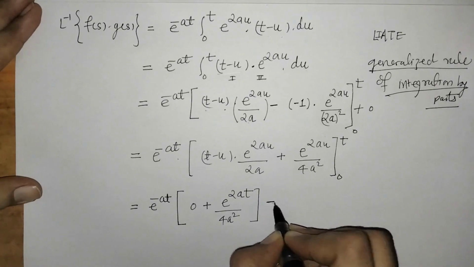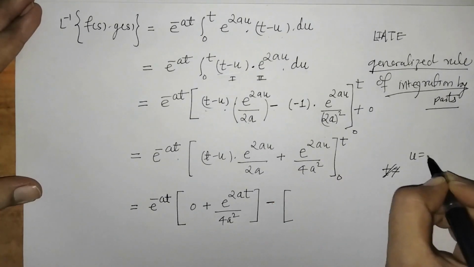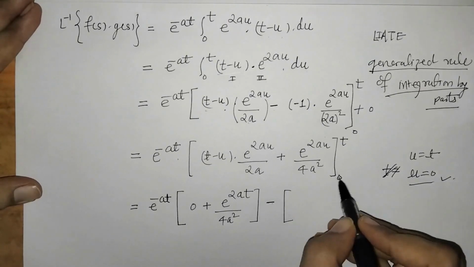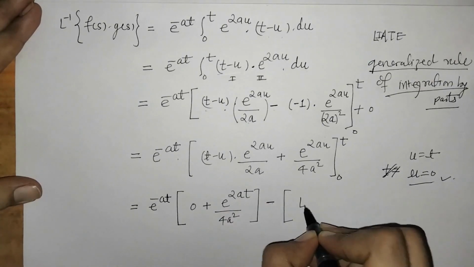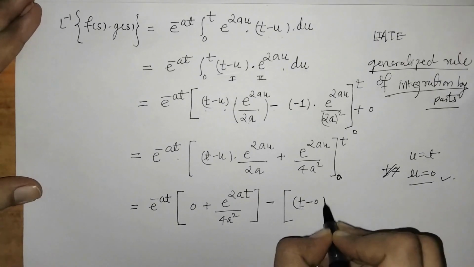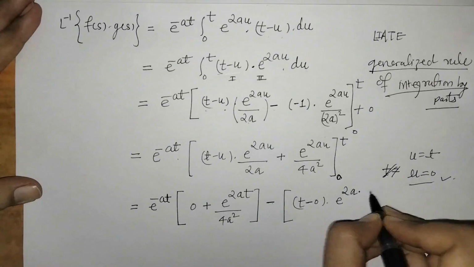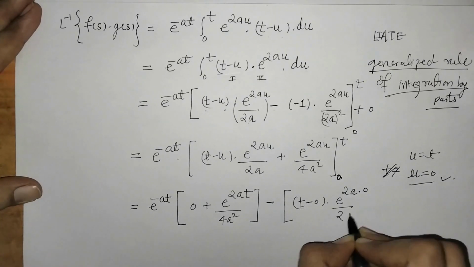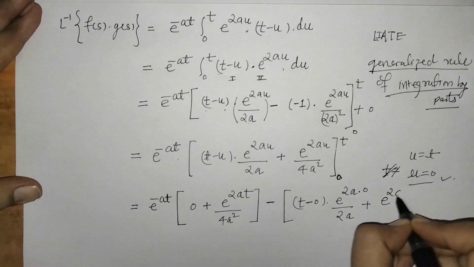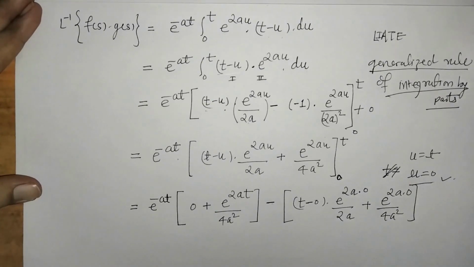Now we have put the limit u equals t, and now we have to put u equals 0. So when we put u equals 0 for the lower limit, here we have t minus 0, and next e raised to 2a into 0 upon 2a, plus e raised to 2a into 0 upon 4a square.